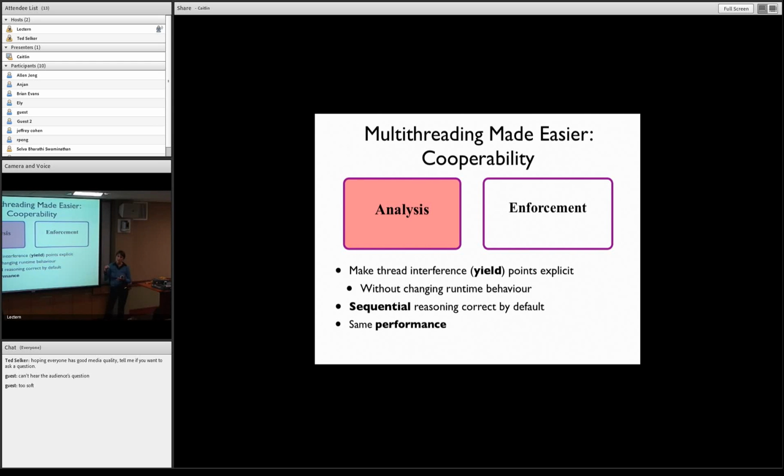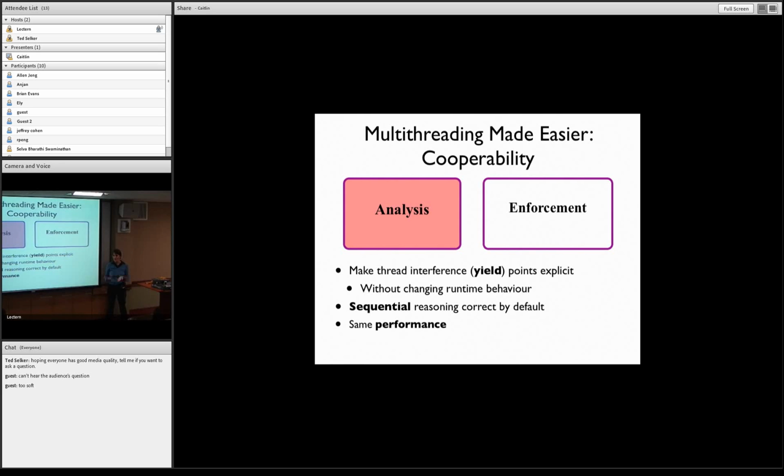They're there for you to write a specification into the code and then check that specification. And they're there for future people that work on the program, so they can say, okay, these are the points where the previous developer intended there to be interference. So there's a split between intended and unintended interference.